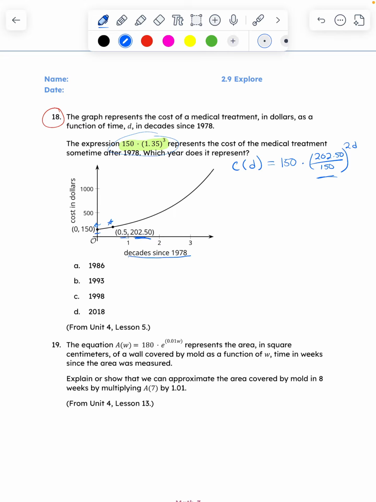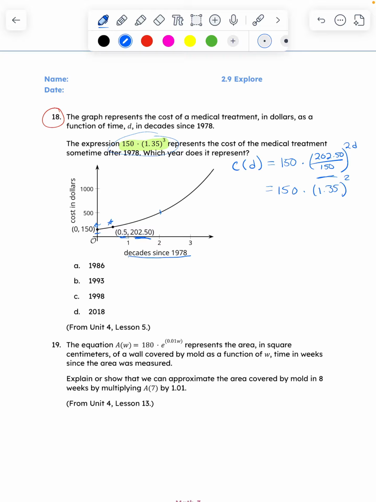So for instance, if I had like this point, then I would be using d over 2 in my exponent, but I don't. I have 0.5 and not 2. So I have my function, right? And I can simplify this a little bit. In fact, I can do that division, 202.50 over 150, and I, wonder of wonders, get 1.35.